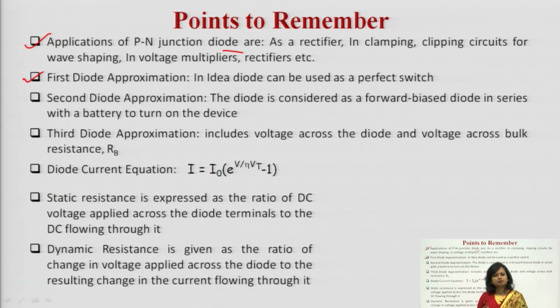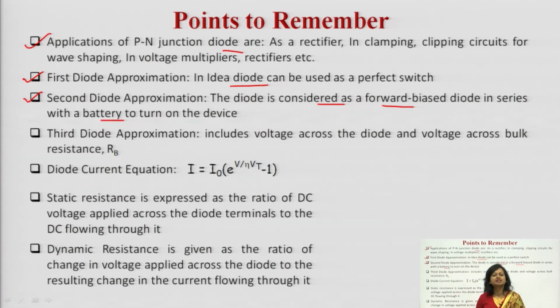There are three approximations of the diode: first approximation, second and third. In the first approximation, the ideal diode can be used as a perfect switch. During the forward bias condition, the diode conducts, and when it conducts, it behaves as a closed switch. During the reverse bias condition, the diode does not conduct, meaning an open circuit. Second approximation, here the diode is considered as a forward biased diode in series with a battery.